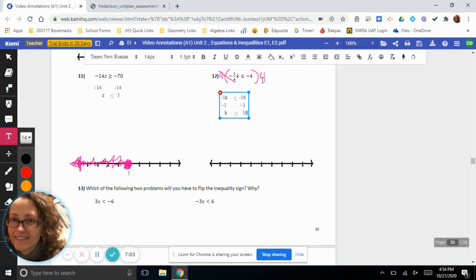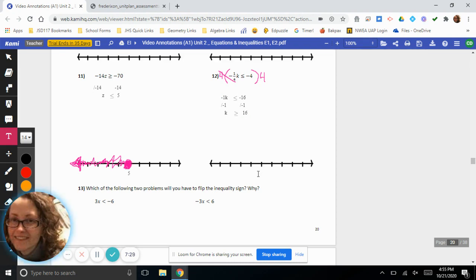And then over here, if I multiply by a -4, -4 times -4 gives me a +16. And then because I'm multiplying by a negative number, I would flip my sign. That's kind of a lot of work to do for one step. So if you just want to take care of your denominator first, get rid of your fractions, and then multiply or divide by your negative number, then I will have a little bit clearer path, even if it did take me just the one extra step.